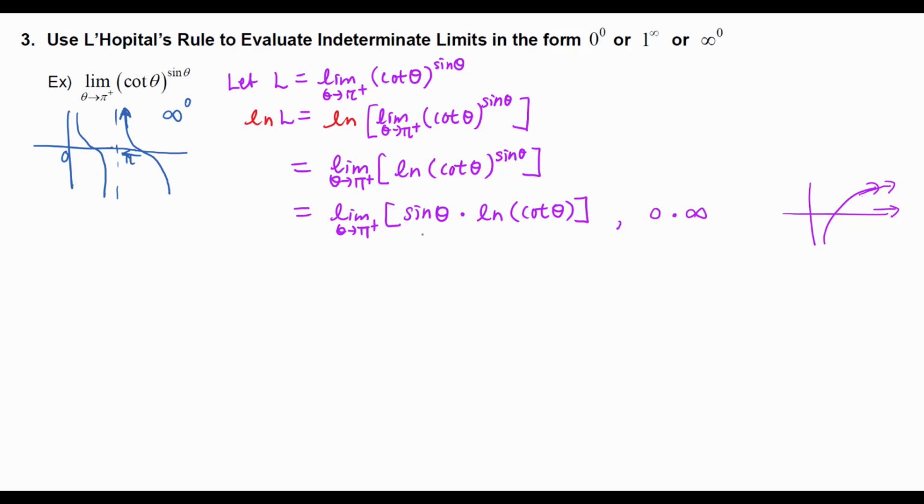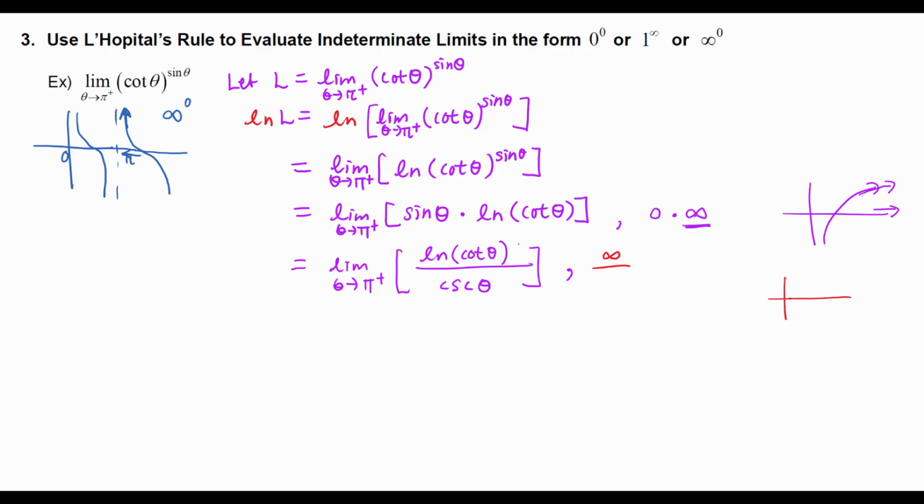We're going to rewrite sine theta as 1 over cosecant theta. So you have the limit as theta approaches pi from the right of ln of cotangent theta over cosecant theta. I do know ln of cotangent theta, we just said, is infinity, over cosecant theta as theta approaches pi from the right.